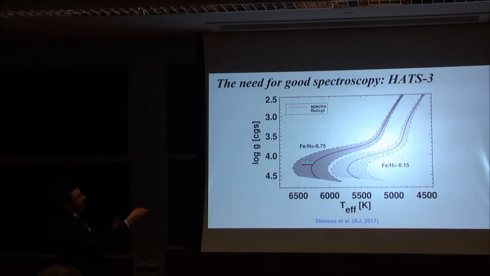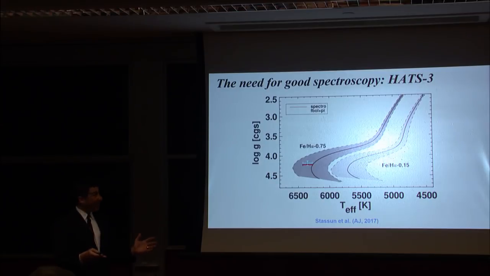So here is just one example of a transiting planet, HATS-3. And here I'm showing you just how beautifully the pseudo-interferometric bolometric flux and parallax method, and the pseudo-interferometric mass, the surface gravity that we would infer from that method, agrees with the spectroscopic surface gravity.